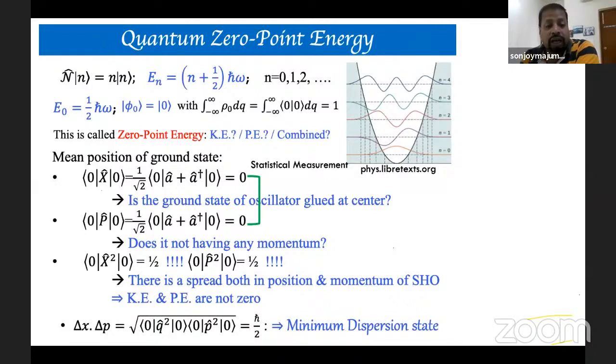Your position measurement precision and momentum measurement precision are at the best. You are not at a single point, but you are at the best. That's the advantage of working with the ground state. Very good questions. I think this will help you understand why the ground state is so important for quantum measurement, which we want to exploit in the future.